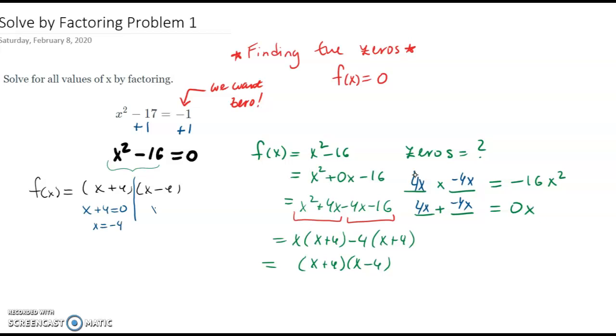The second 0 is going to come from the factor on the right being equal to 0. So it looks like I have two zeros for the function x squared minus 16. Again, they were revealed when I factored it, and these x values are also solutions to my original equation. So these are my two solutions: x equals -4, x equals +4.